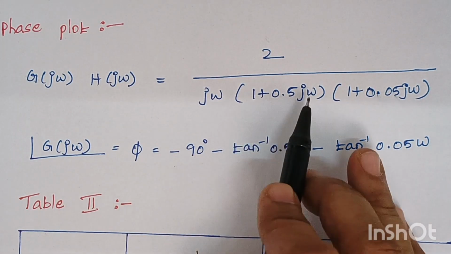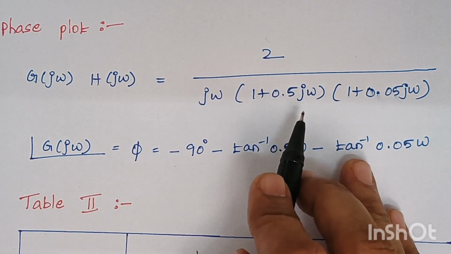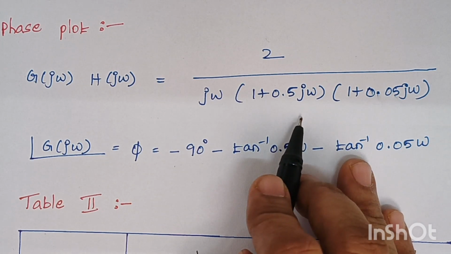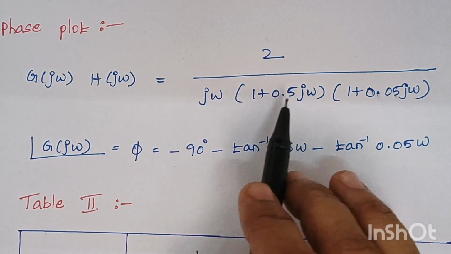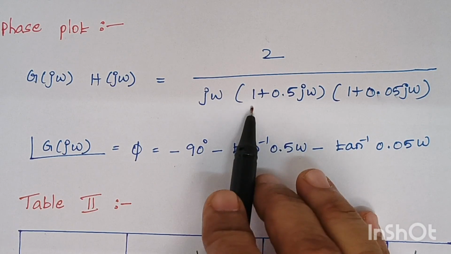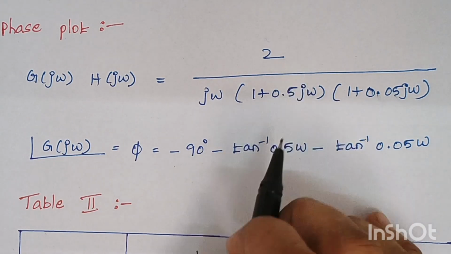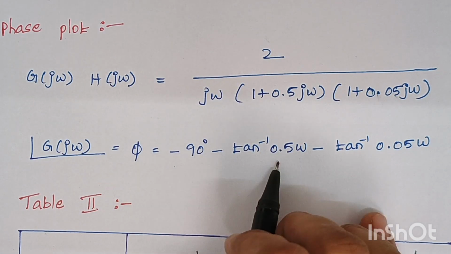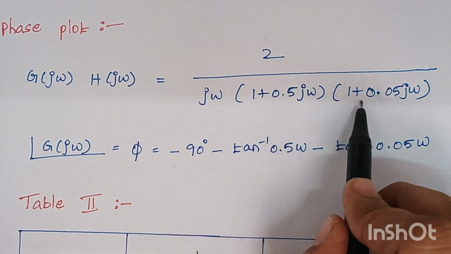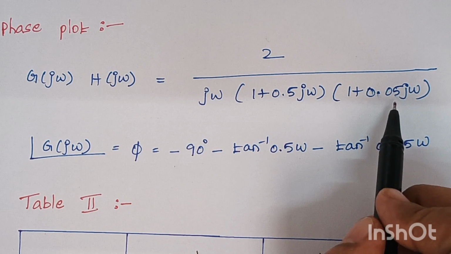Similarly, when you look at this expression, it is nothing but tan inverse of imaginary coefficient. So here the imaginary coefficient is 0.5 divided by 1. Again, this is a denominator term. I am going to move this to the numerator. So here a minus is included, right? Again, when you look at this third term, what is the imaginary coefficient?